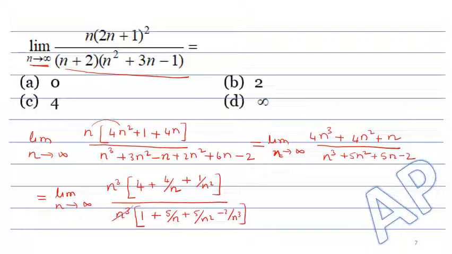So let us eliminate n cube. When n tends to infinity, we get 4 plus 0 plus 0, that is 1 by infinity is 0. So 4 by n is 0 and 1 by n square is also 0, and in the denominator I have 1 plus 0 plus 0 minus 0, which is equal to 4.